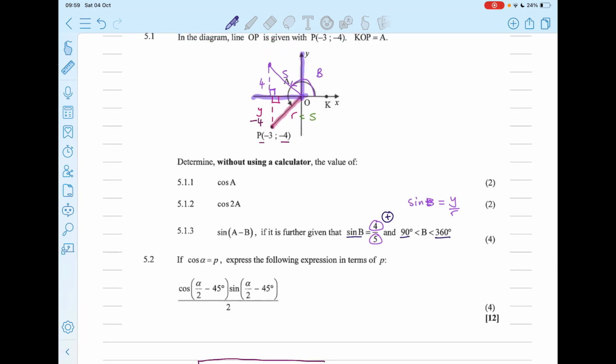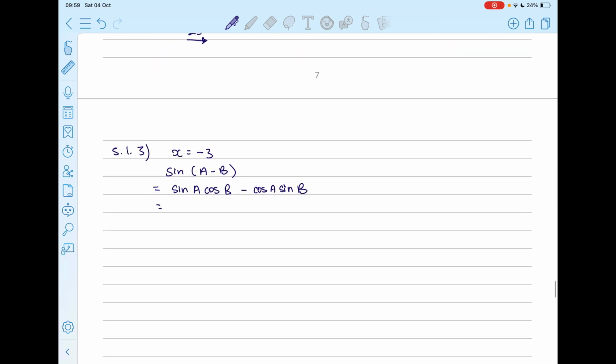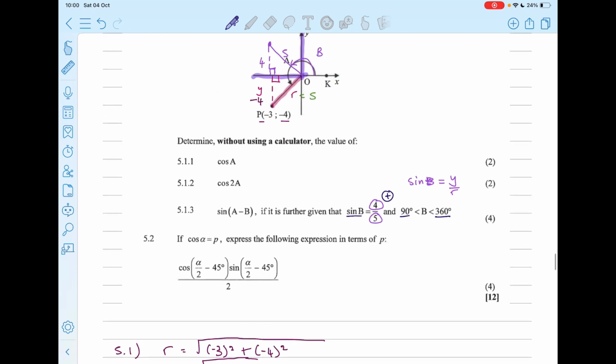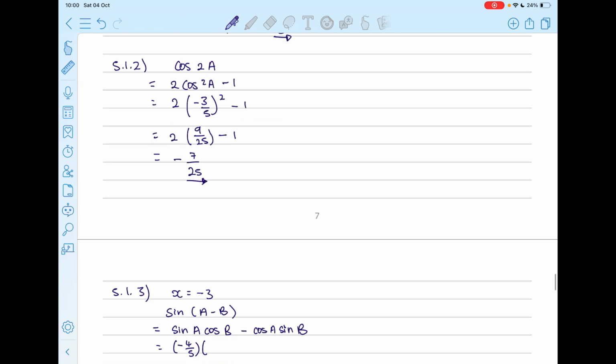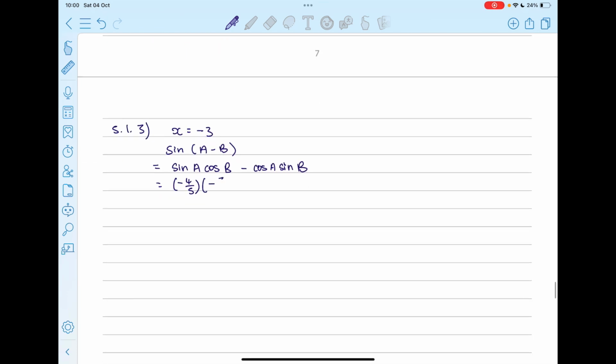We can calculate it. So sine A would be opposite over hypotenuse, which is -4 over 5. And then cos B will be adjacent, so that would be -3 over 5.